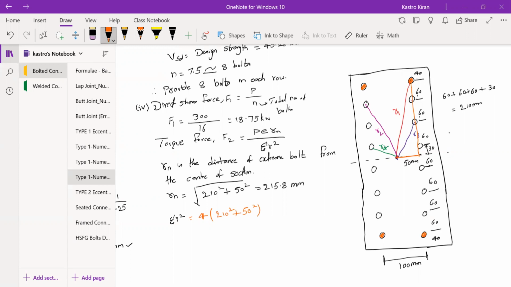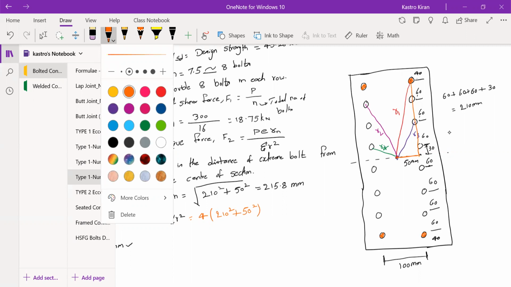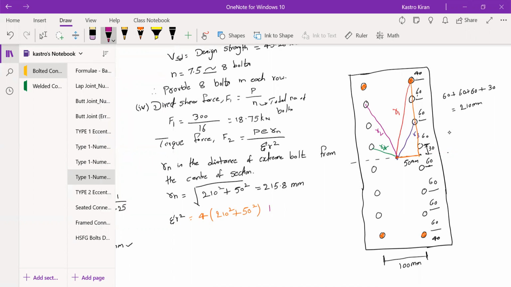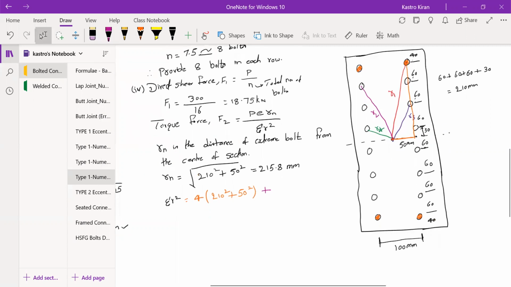Now let's find out for R2 as well. How many bolts are there corresponding to R2? This is one bolt, second bolt, third bolt, and fourth bolt. So here also we have 4 bolts, so 4 times. Let's find the vertical distance.